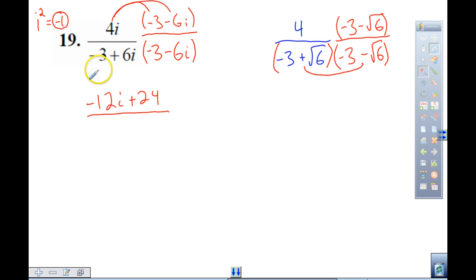On the bottom, 9. 6 times 6, 6 times negative 6, negative 36. And then the i times i, negative 1. So once again, negative 36 times negative 1, plus 36.